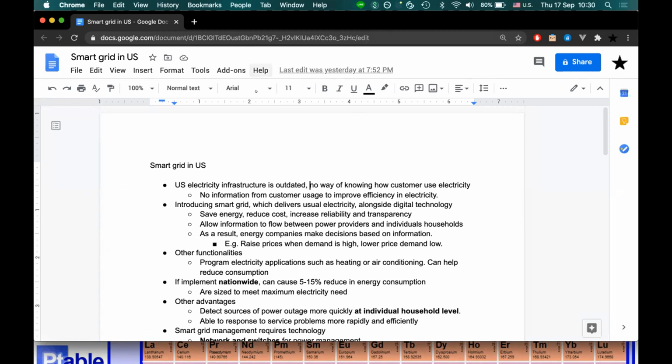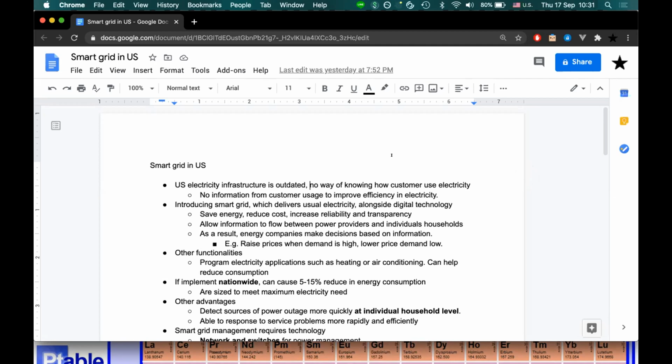The argument is that the current infrastructure is outdated because there's no way of knowing how customers use electricity, and there's no information on that to improve the efficiency of electricity. So they start to introduce smart grid technology.